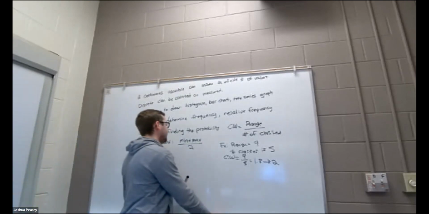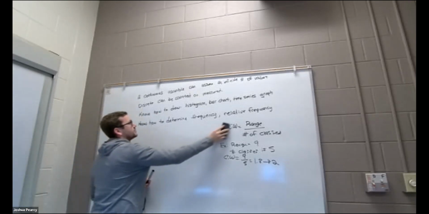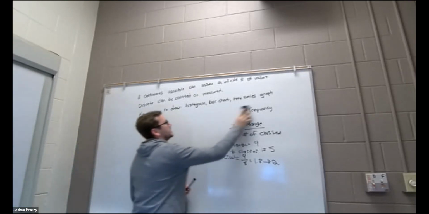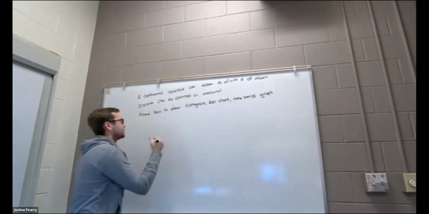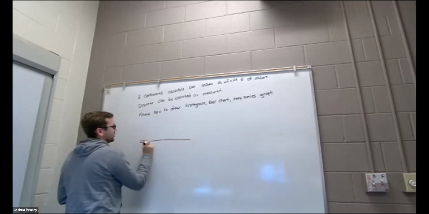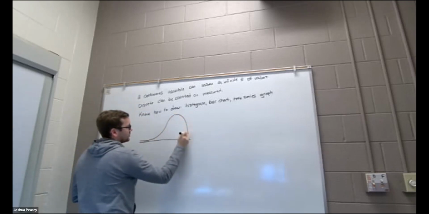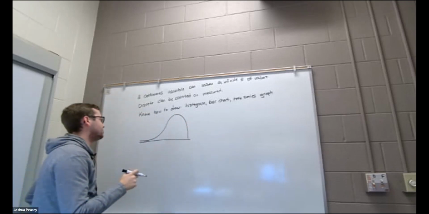So if I have a left skewed distribution, that would look something like this. You should know how to determine where the mean, the median, and the mode should be.